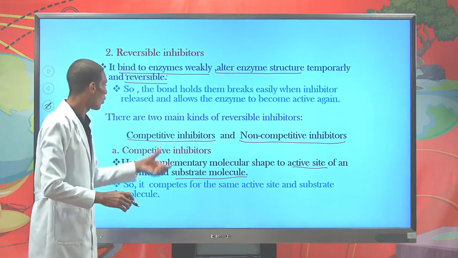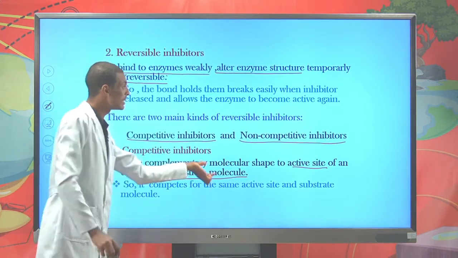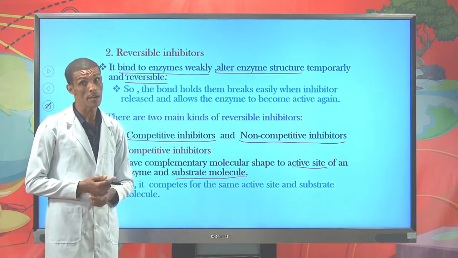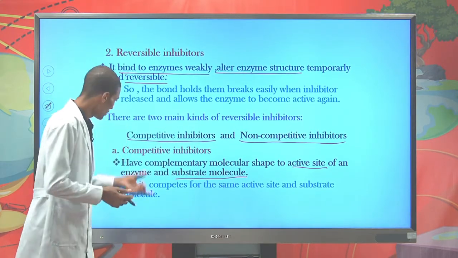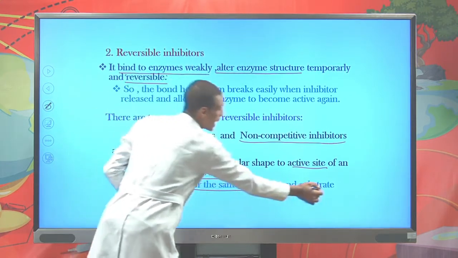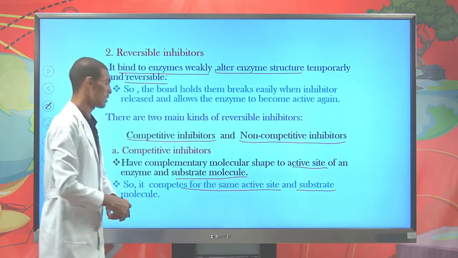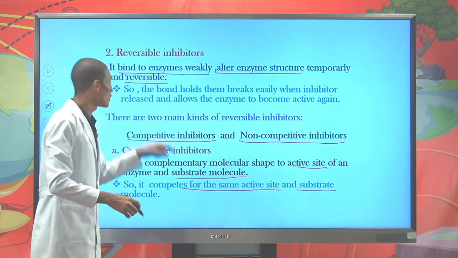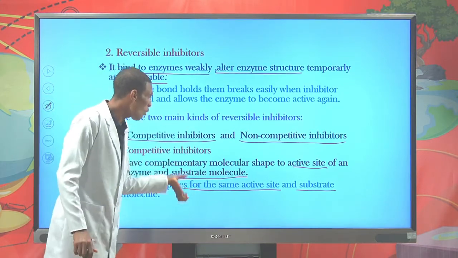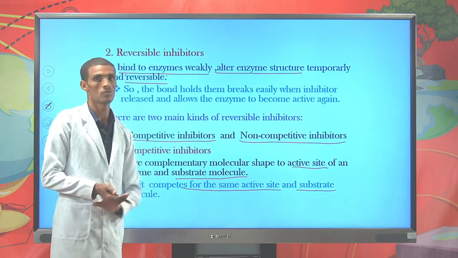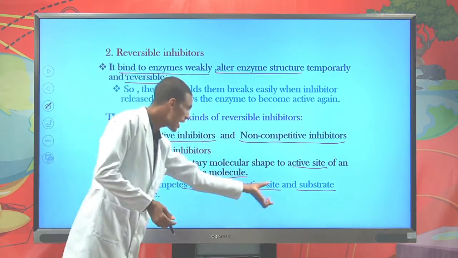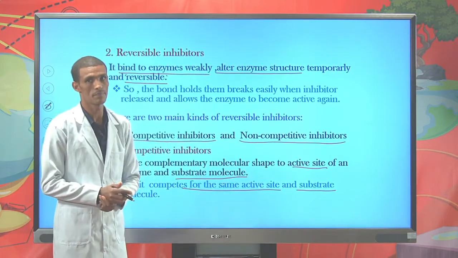So, it competes for the active site of the enzyme with the substrate that can bind with it. We say it is a competitive reversible inhibitor because this type of inhibitor competes for both of these, for the active site and for the substrate of an enzyme.